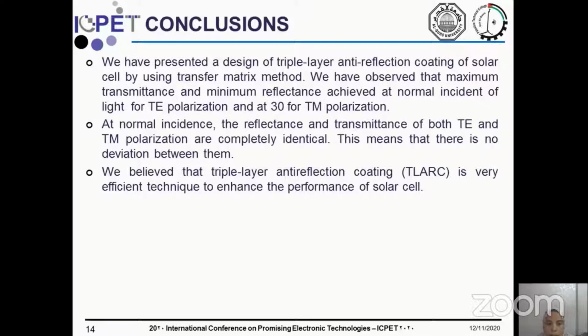At normal incidence, the reflectance and the transmittance of both TE and TM polarization are completely identical. This means that there is no deviation between them. We believe that the triple layer anti-reflection coating is a very efficient technique to enhance the performance of solar cell.